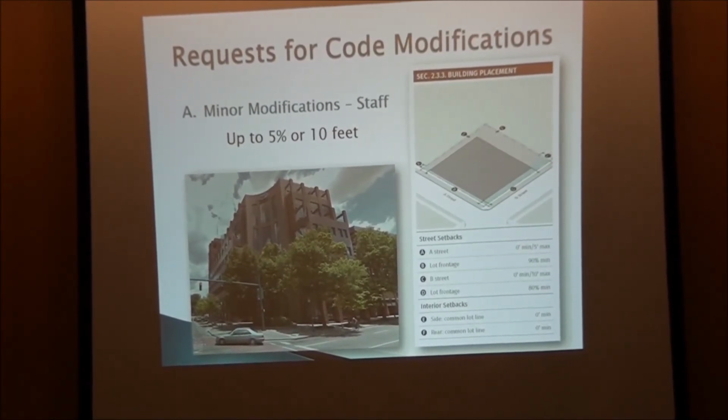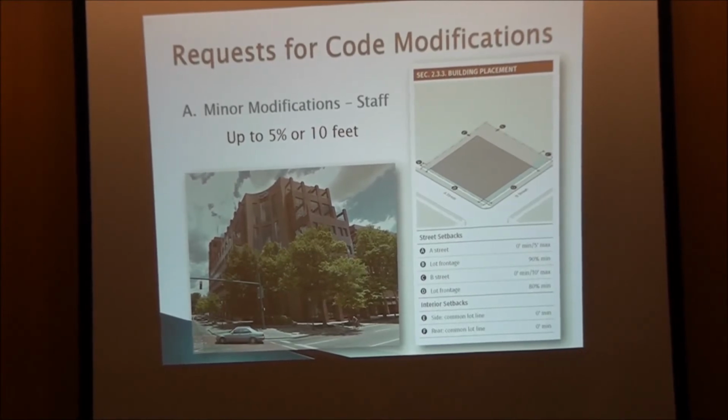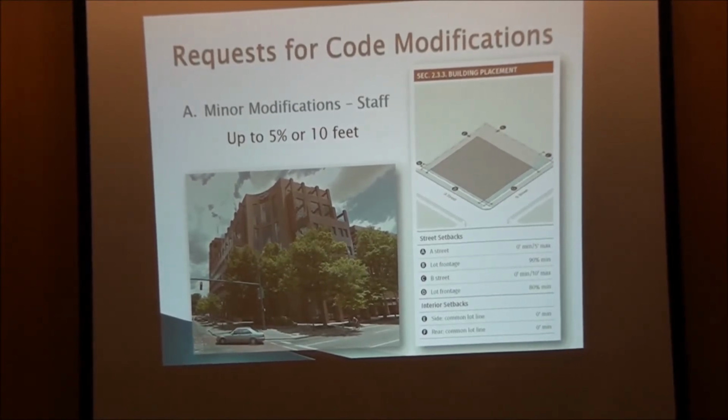That's something you can't do today. Today, if you want any kind of modification, you've got to schedule a meeting with the Board of Zoning Appeals. And I know some of you have been to many of those meetings and would love to not have to do that all the time.